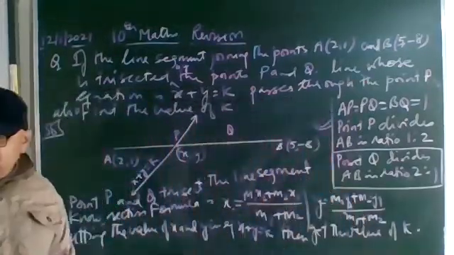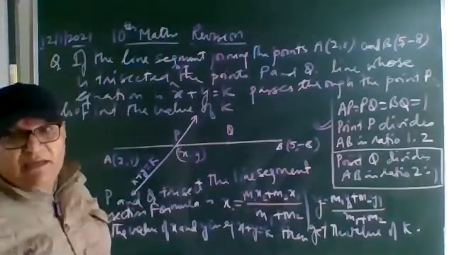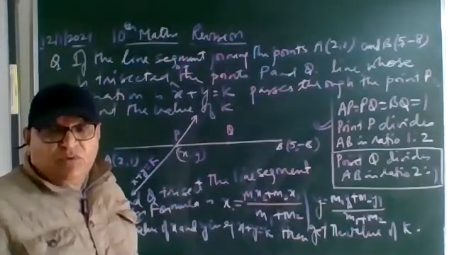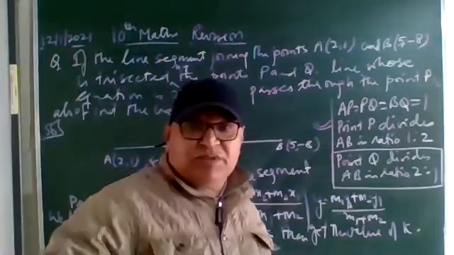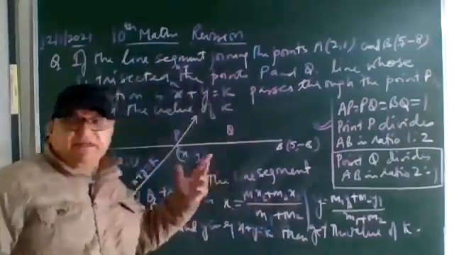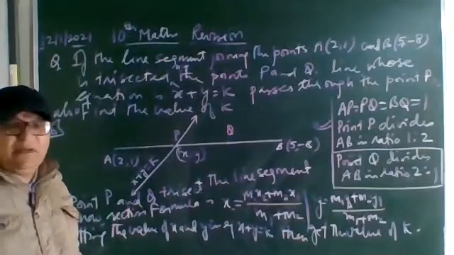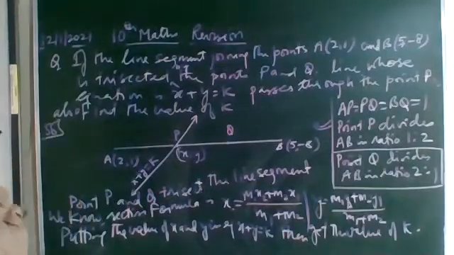So if you know the concept and the basic things, you will be able to get the answer. So today you practice questions on the section formula. After this trisect, we have the bisected concept. Bisect means two equal parts, so you can find the midpoint.